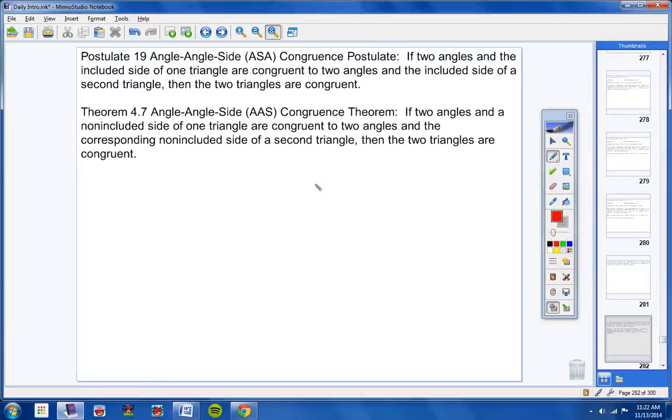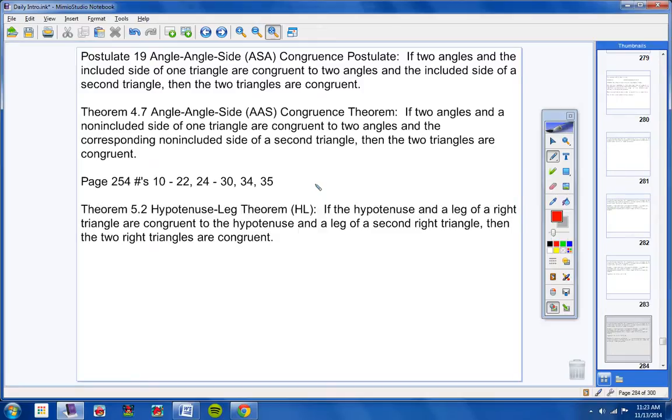Make sure you know that theorem. And then any problems from this assignment here are fair game for your test. Okay? Any problems from that assignment there are fair game. So write that down. Make sure you study those problems. Okay, continuing on. Theorem 5.2, hypotenuse leg. Know this theorem.